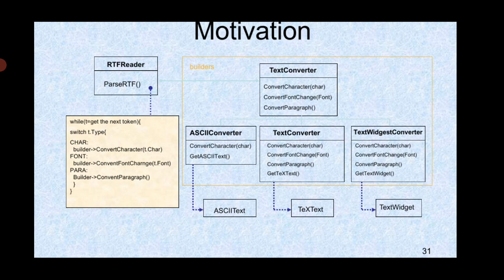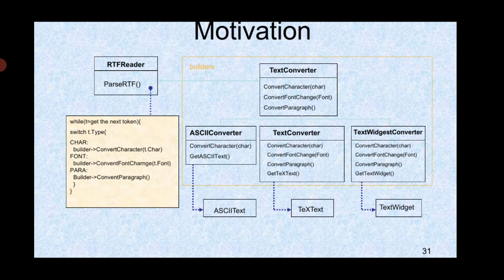The text converter needs to be separate from the reader, which is responsible for parsing the text in a rich text format document file. So the builder pattern captures all these relationships.